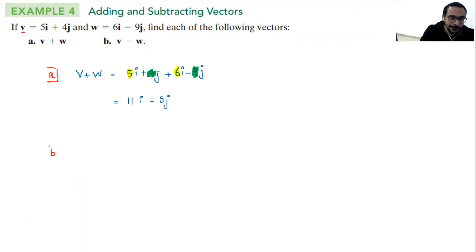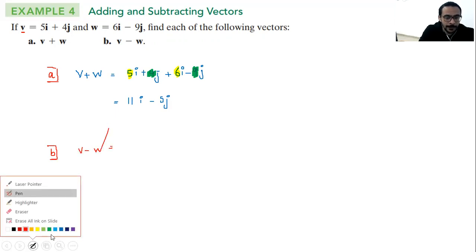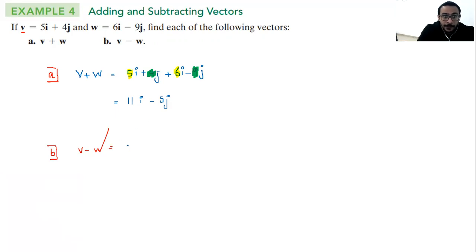V minus W equals 5 minus 6 I. The same as here, let's find the first one, the same 5I plus 4J.